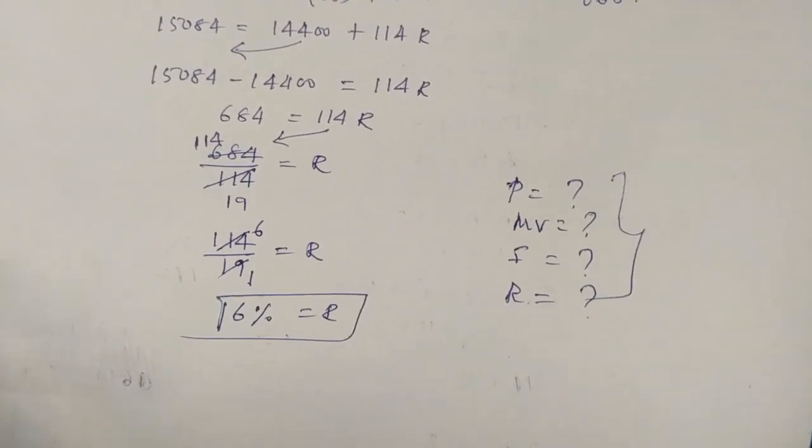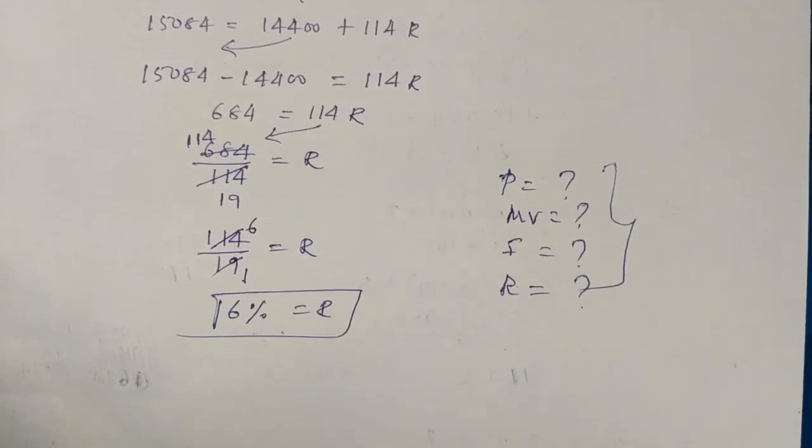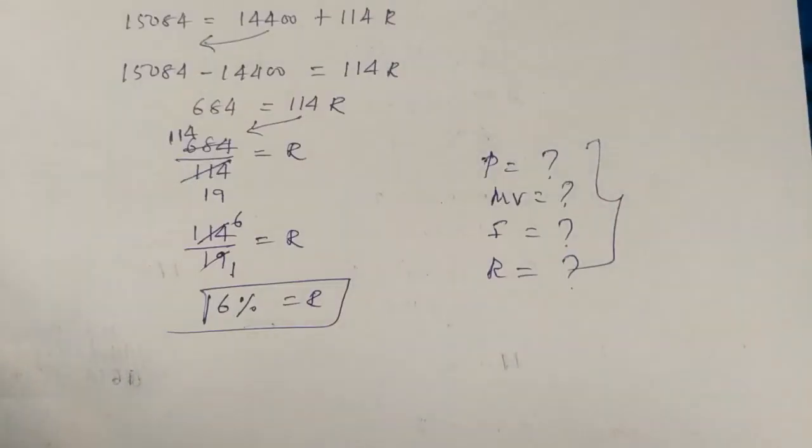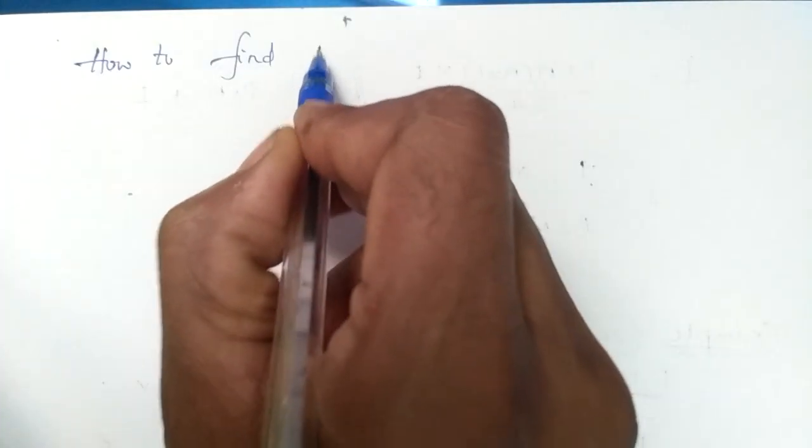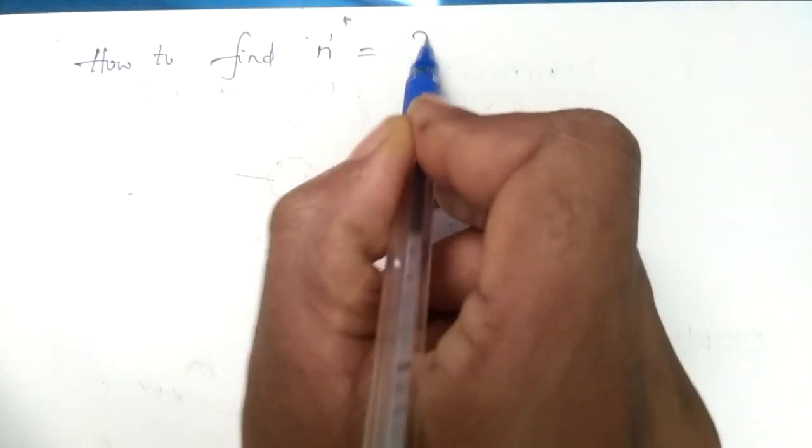Before that, let us go for one more type of unknown finding, that is the number of months. How to find n?